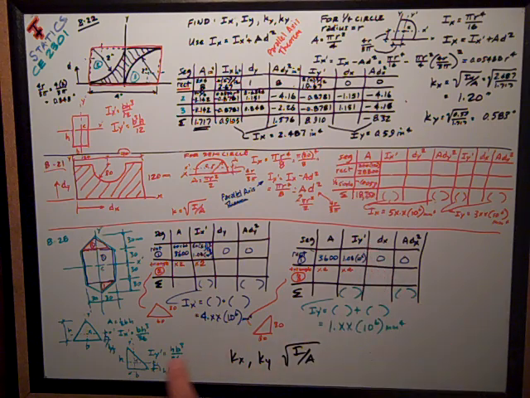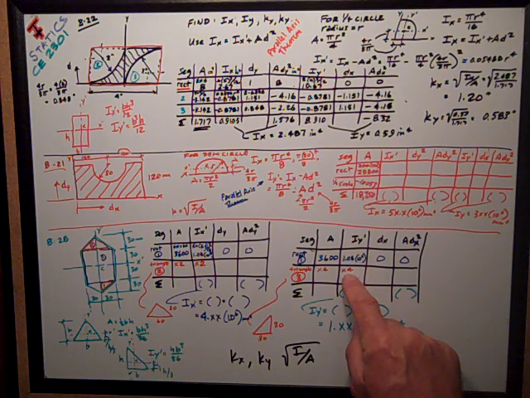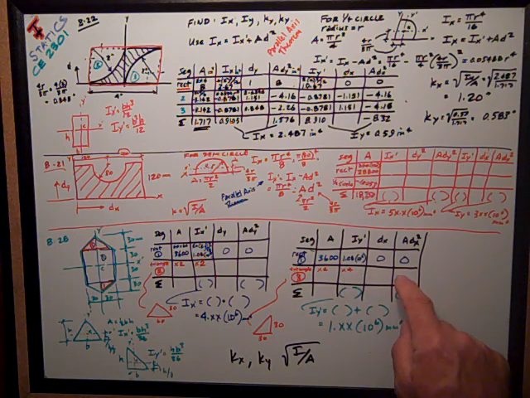Iy prime is this value over here, hb cubed over 36. So multiply that by 4, plug it into that box.